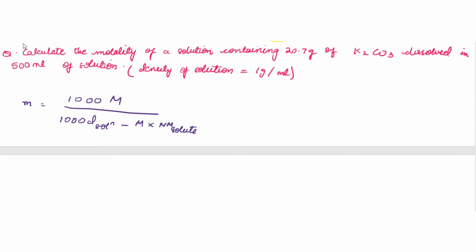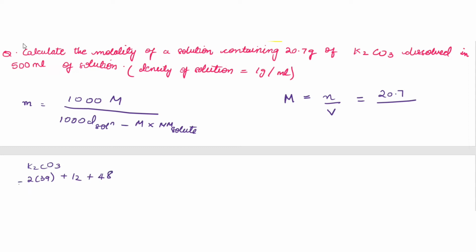Recollect. Now let's find the molarity. What is M? Capital M is number of moles by volume. So first finding the number of moles: given mass 20.7 by the molecular mass of potassium carbonate, which is 2 into 39 plus 12 plus 48 is equal to 138.